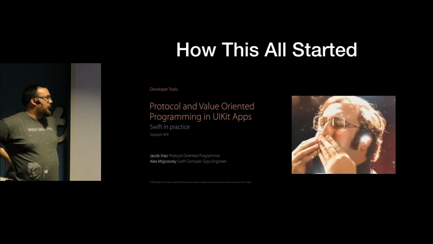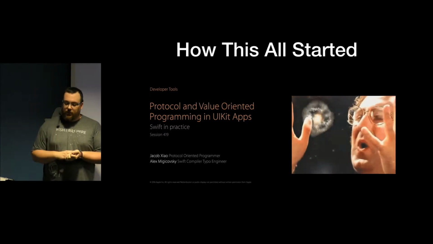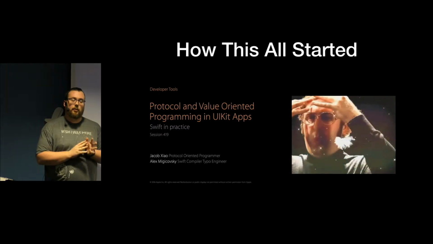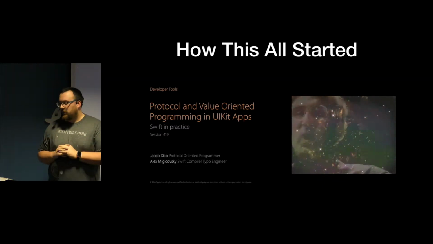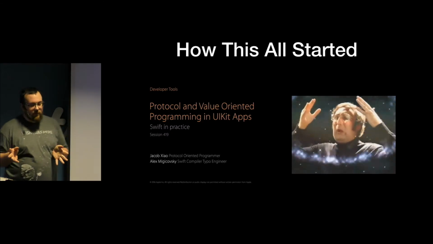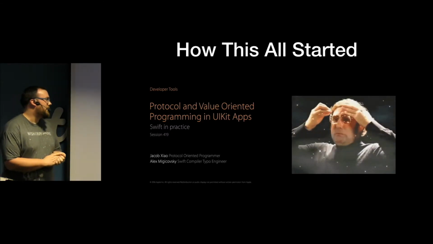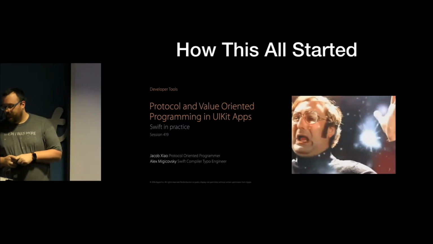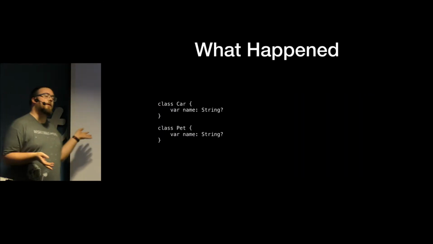Protocol-oriented programming is the idea that you put protocols first, so the default way of programming is using protocols. Now, this is a valid way of programming, of course, but with all new things, people just took it and ran. So what happened was we had some code like this.